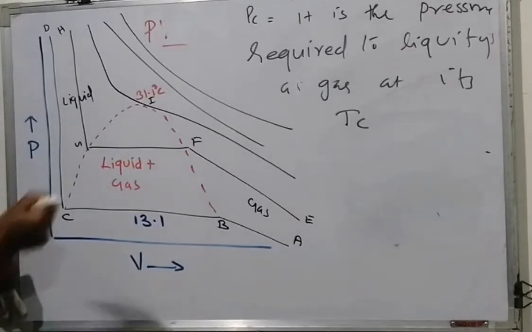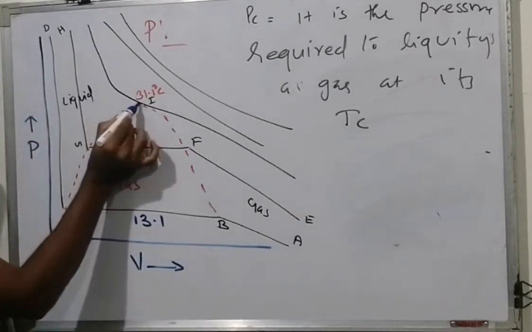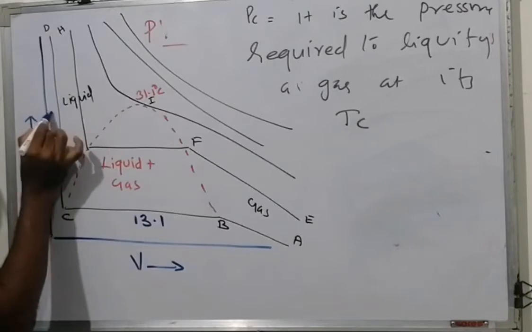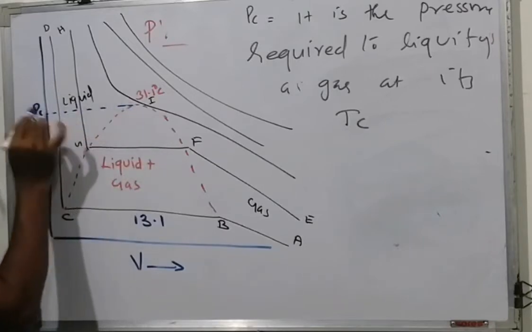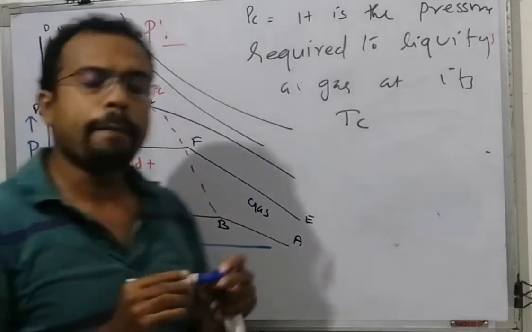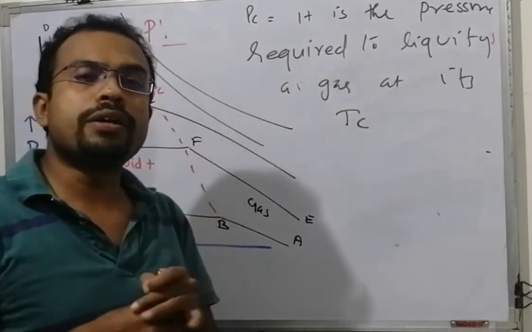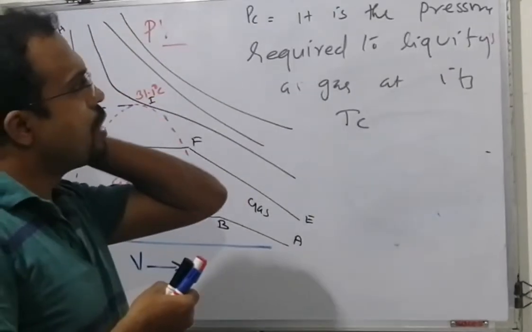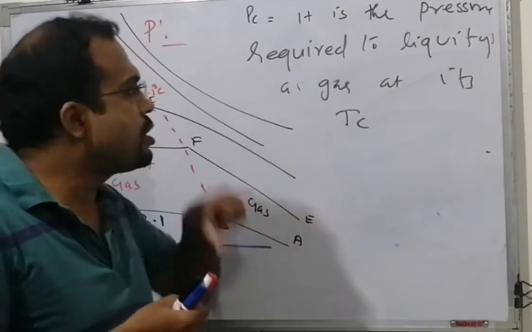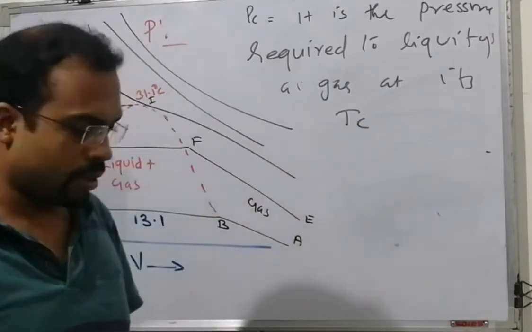Therefore, in this case, this is the pressure axis, this is the critical temperature. Therefore, this is the critical pressure, PC. It is the pressure required for any gas to liquefy that gas at its critical temperature.